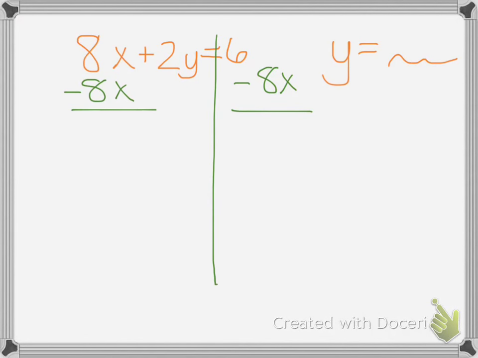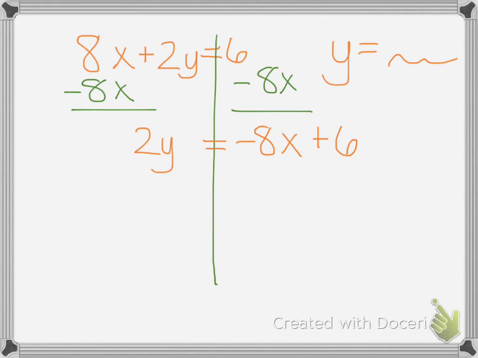When I'm done with this step, I'm going to have 2y on the left-hand side of my equation and negative 8x plus 6 on this side. Now I could have written 6 minus 8x, but a convention is to have the term with the x come first in that expression, so I just chose to write it that way to start with.